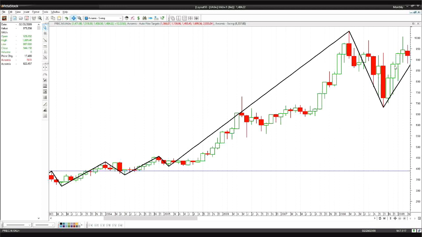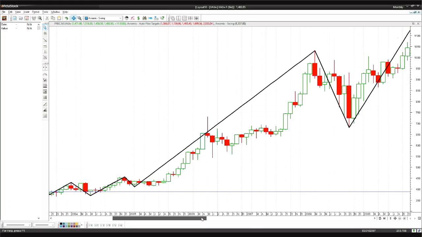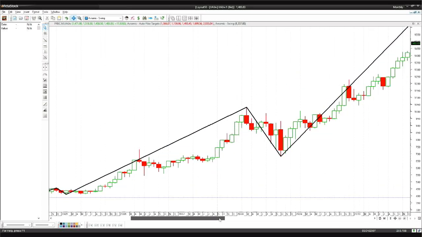Although some would like to sell here, because I have tops higher than the previous tops, and a bottom higher than the previous bottoms, I have a sequence of higher tops and a sequence of higher bottoms, I assume the trend to be intact and assume the continuation of this uptrend forever.